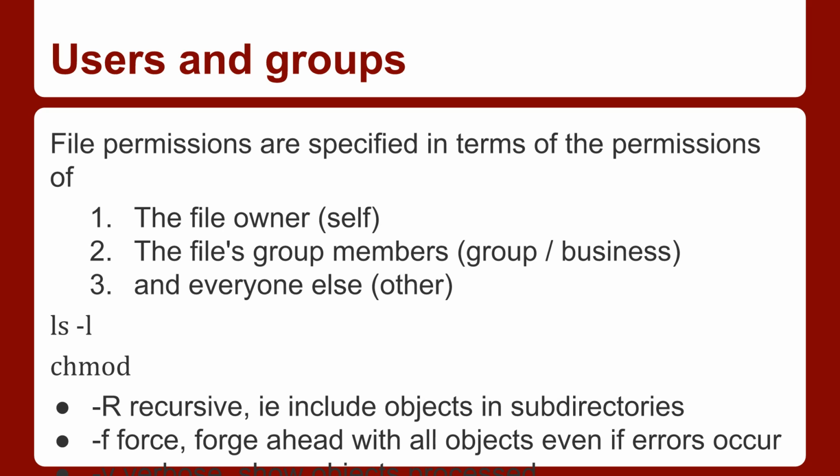It's not as fine-grained as it could be, but this is the universal way of doing it. ls -l will show you the file attributes, not the extended ones, but the file attributes and the permissions of files in a directory. And chmod stands for change mode. It basically allows you to change the permissions, to modify them.